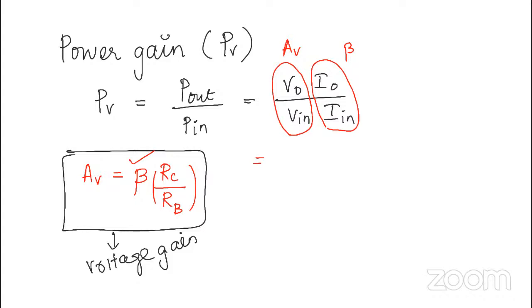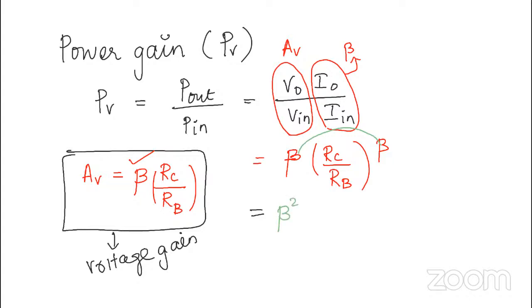Okay, so that is beta into RC divided by RB, and into here it is converted into beta, right? So here beta into beta, it is beta square.